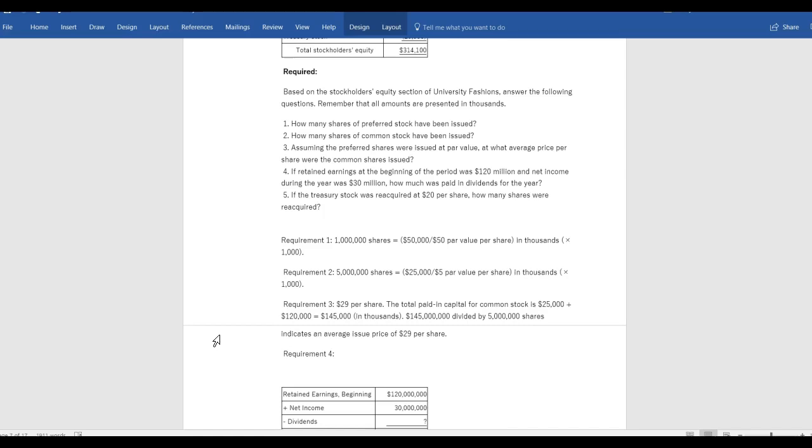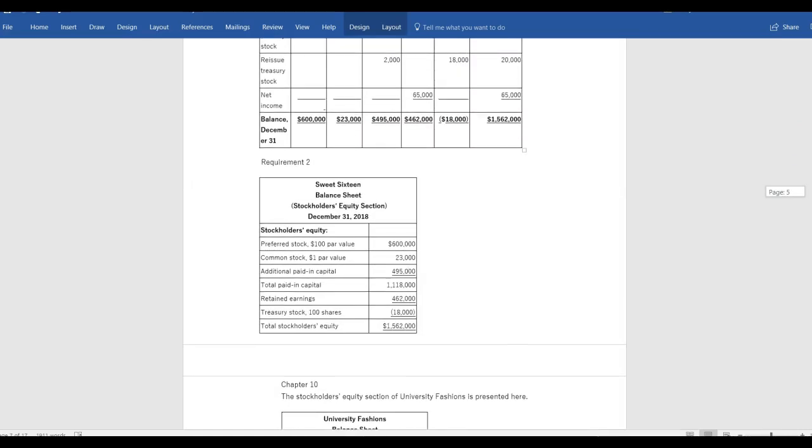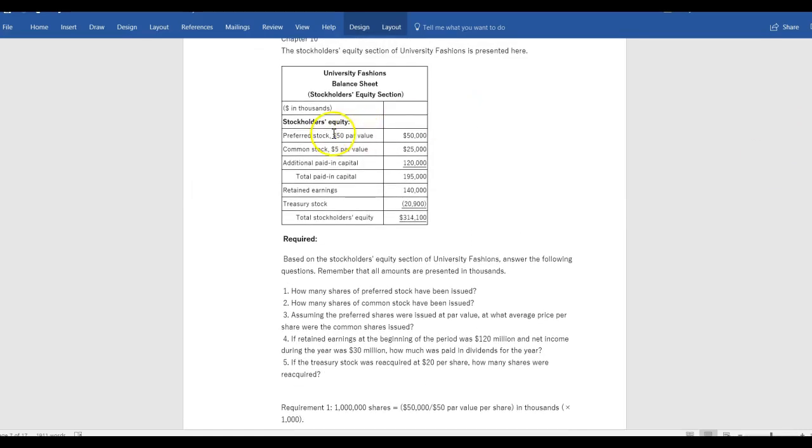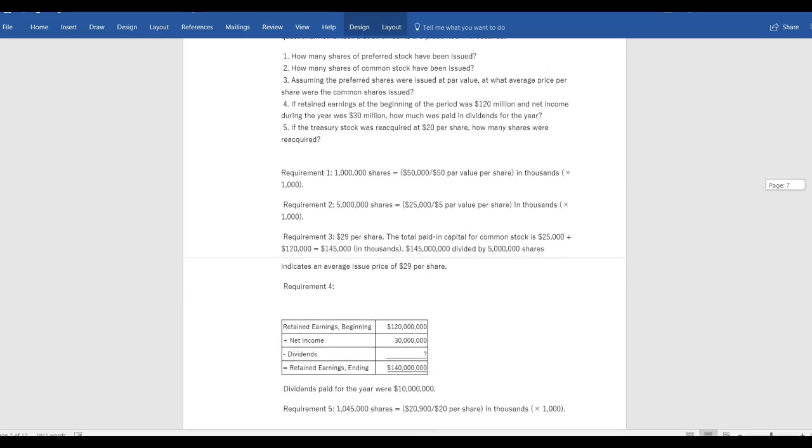So the total paid-in capital for common stock is going to be the 25,000 plus the 120,000, or $145,000, because this 25 is what is in the par value piece and our additional paid-in capital is 120.